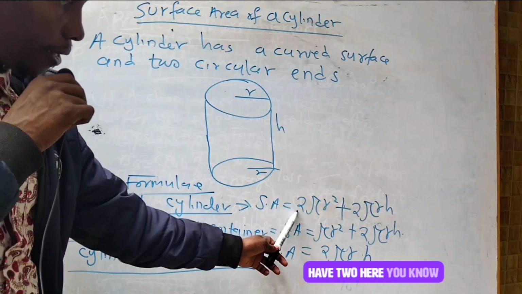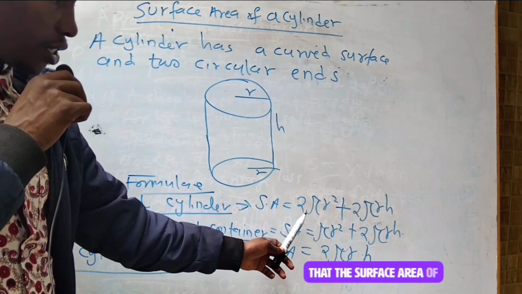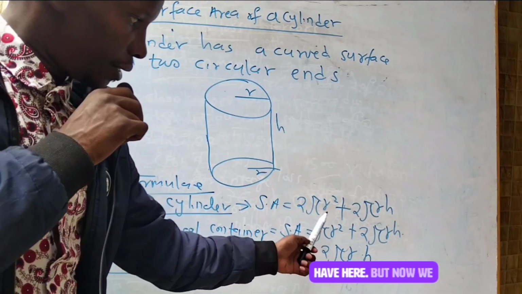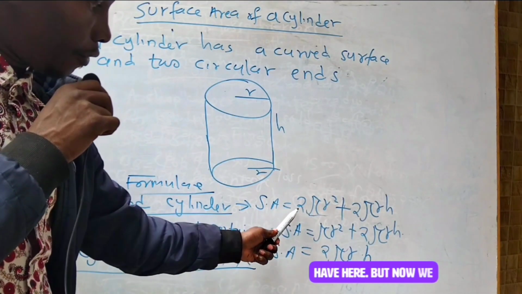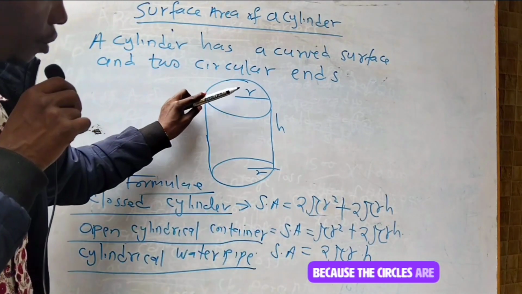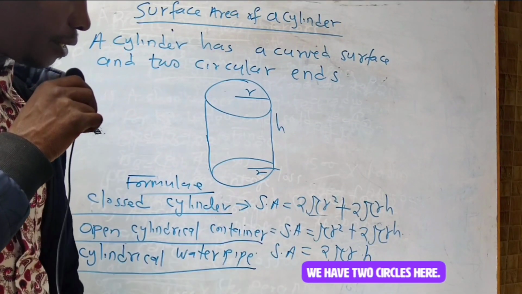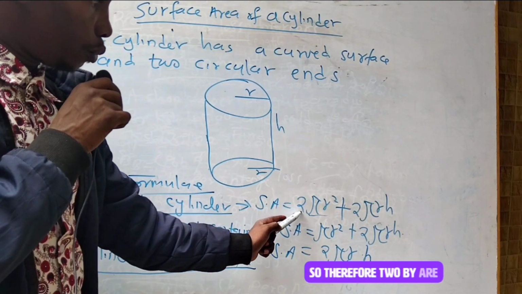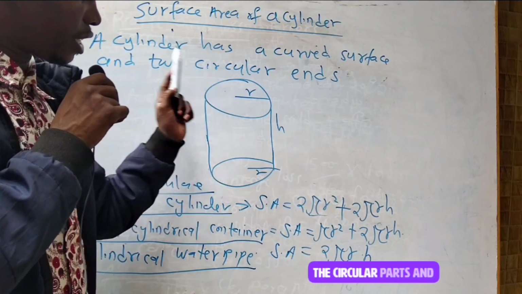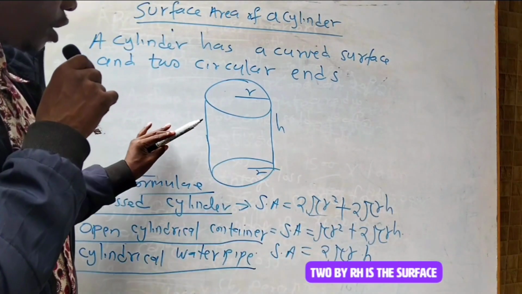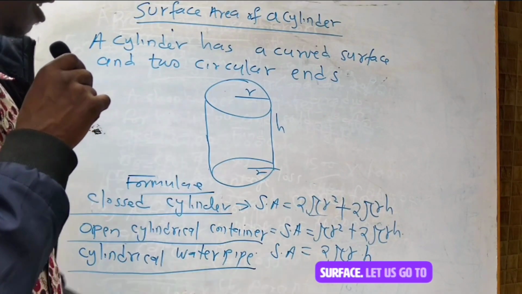You know that the area of a circle is pi r squared. But now we have this 2 because the circles are 2: 1, 2. So 2 pi r squared is the area of the circular parts, and 2 pi rh is the surface area of the curved surface.